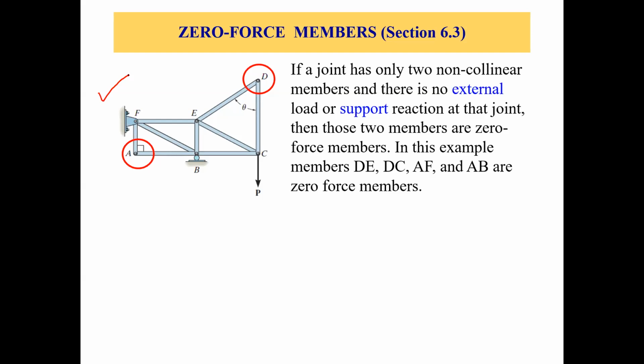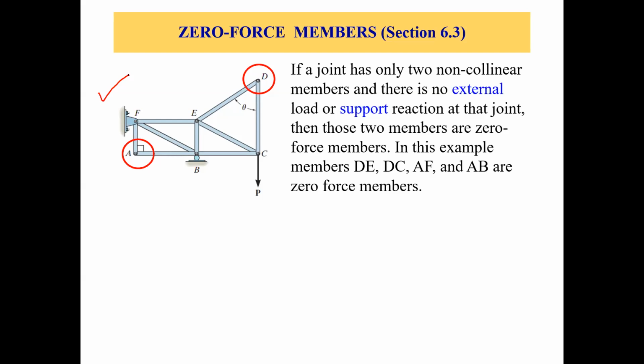So that's the condition. If these conditions are fulfilled, then we get zero force members. And what's the benefit of getting zero force members? It simplifies the analysis, so it makes the analysis easier.